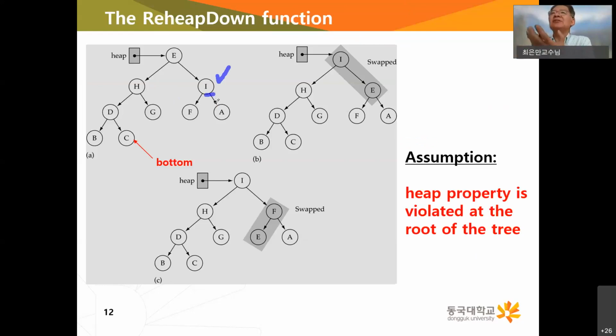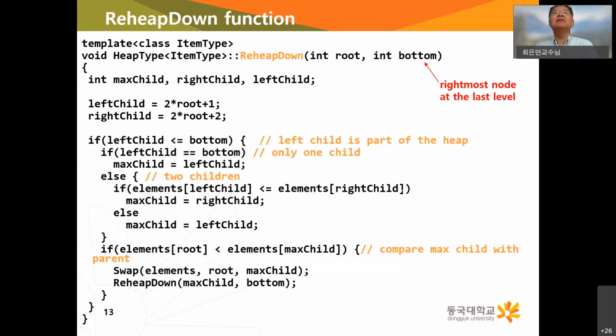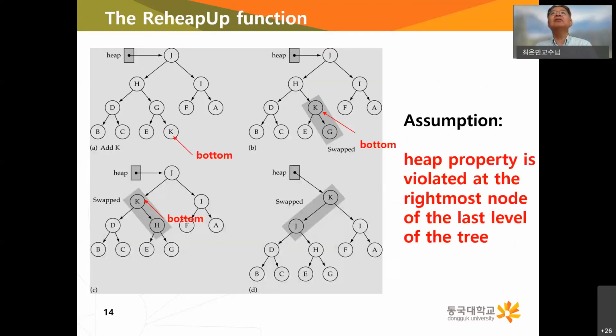그 다음에 인서트는 어떻게 되나? 인서트는 뒤에 리히프 업을 해야 되는데 뒤에다가 하나 새로 달겠죠, 그죠? 그럼 새로 달면 어떻게 돼요? 힙이 깨지죠, 그죠? 힙의 관계가. 그러니까 다시 리히프를 만들어줘야 되는데 그때 얘기하는 게 리히프 업입니다. Okay? So we will introduce the reheap up function.